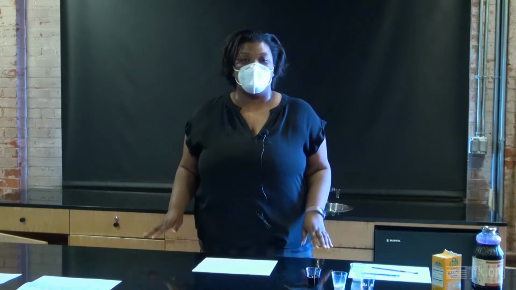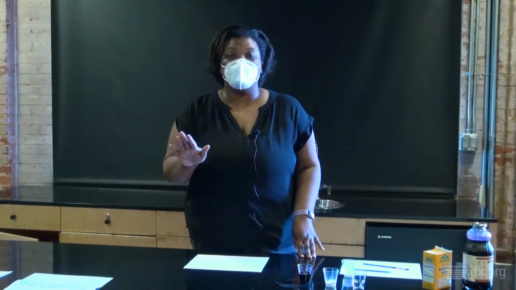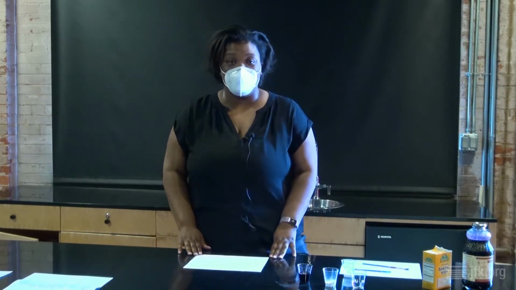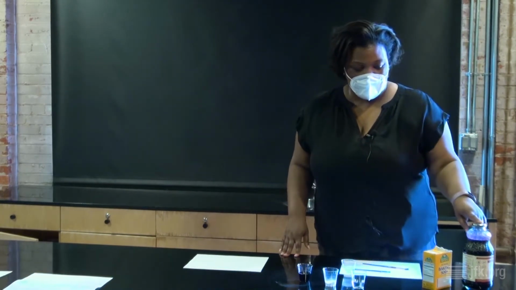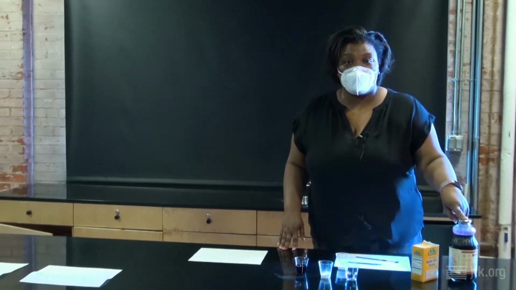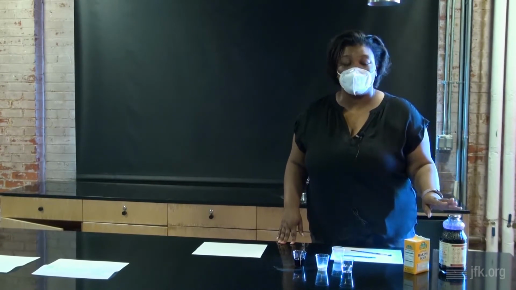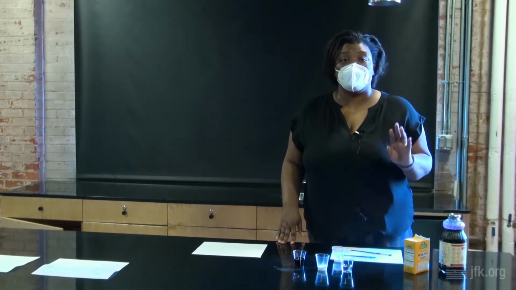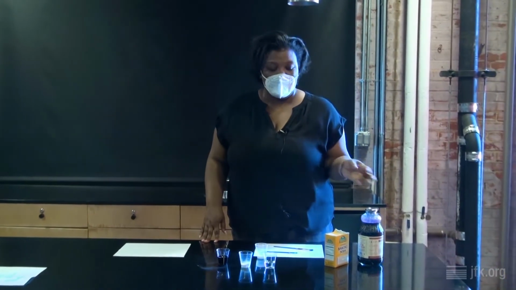Now we are going to make our own invisible ink. So what you will need: 1 sheet of white paper. You will need dark juice. I personally have pure blueberry juice, but you can use cranberry concentrate, anything that's very dark in color.